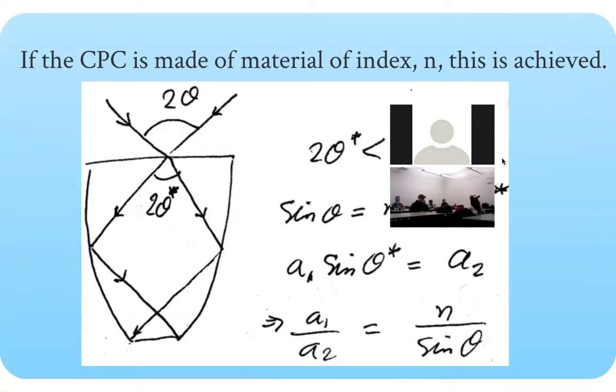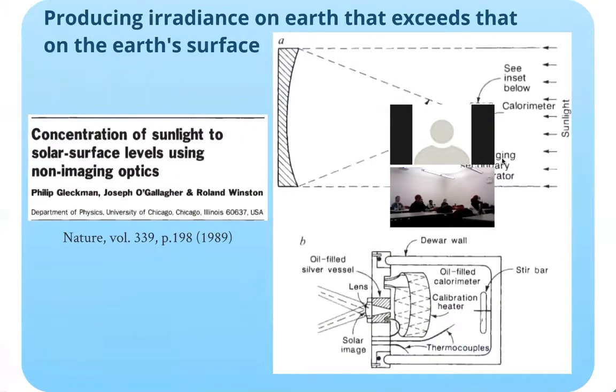So this is, of course, a nice way to take advantage of this in order to increase the concentration factor more than one is generally allowed to do in air. I won't go into much detail, but there's a very nice paper from the 1980s in Nature where they essentially concentrated sunlight. The title is Concentration of Sunlight to Solar Surface Levels using non-imaging optics.